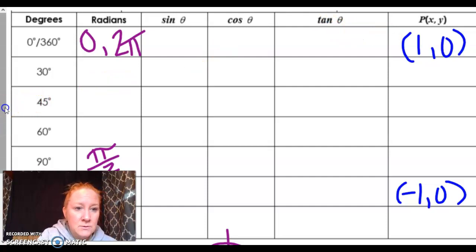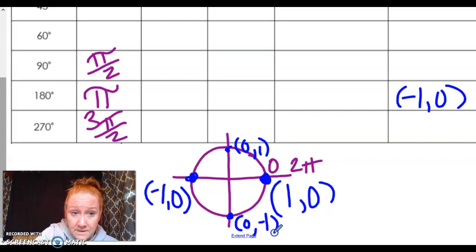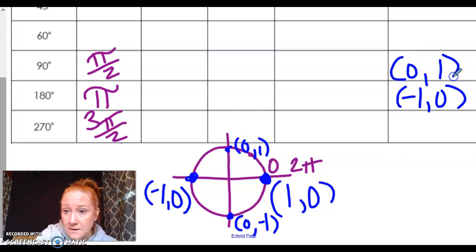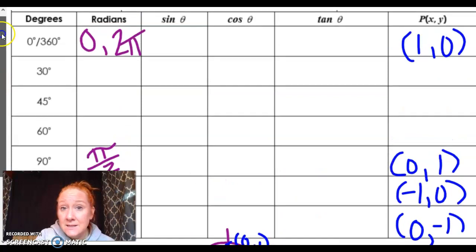Then what about 90 and 270? Well, those are still 1 away, but that's over 0 up 1 and over 0 down 1. Okay, so (0, 1). Okay, if we know these things, we can now construct the sine and the cosine.